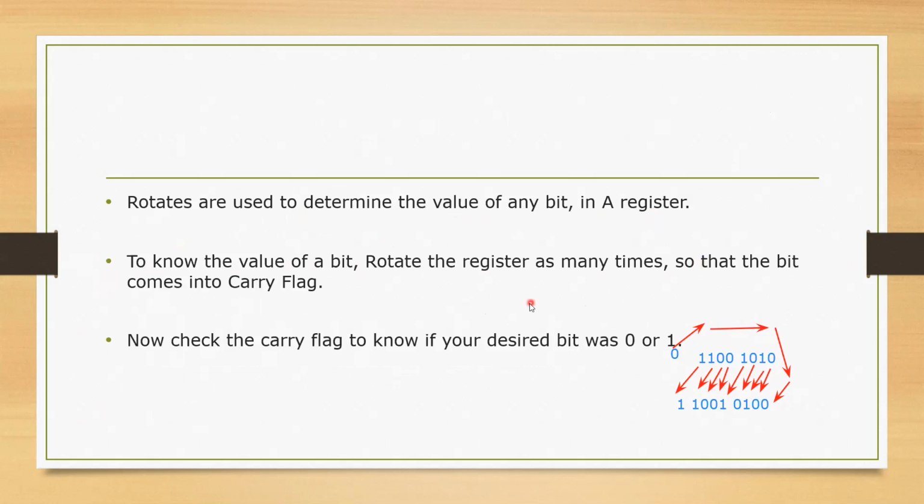So rotation happens in a register. To know the value of a bit, rotate the register as many times so that the bit comes into the carry flag. For the first bit, the MSB, just rotate 1 time. If you want to check this bit, we will rotate 4 times to get that bit in the carry flag. Now check the carry flag to know if your desired bit was 0 or 1.